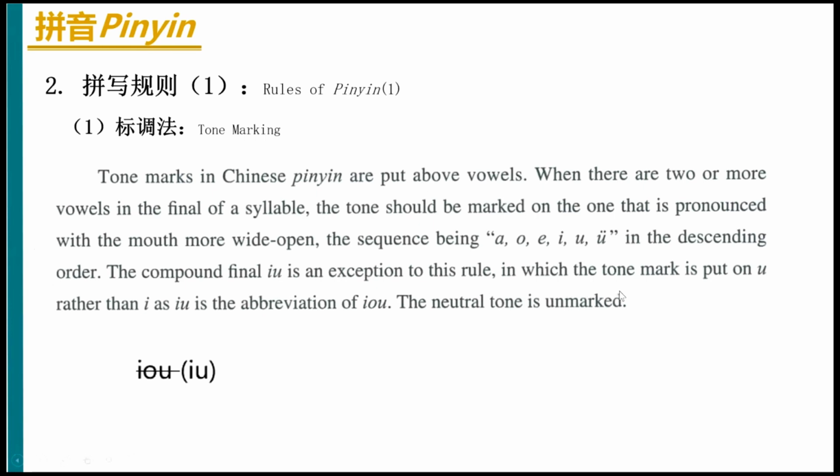In this iu, the tone mark is put on u rather than i, because, let's see here, this iu is the abbreviation of this previous one, iou. And if we use the first one, then following this rule, where should we put the tone on? If we use this previous one, where should we put the tone?